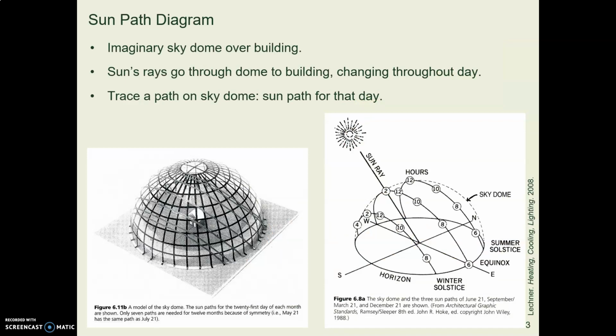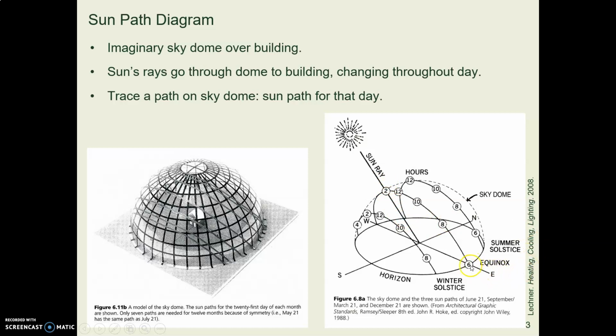Now, as we think about where the sun is in the sky, we can imagine a big glass dome over our building, and we call that a sky dome. So imagine it was really there. There's your building in the middle, and as the sun goes across the sky at a particular time of year, as the sun's rays come through that dome and hit your building, you could imagine getting a marker and putting a point on that sky dome where the sun came through.